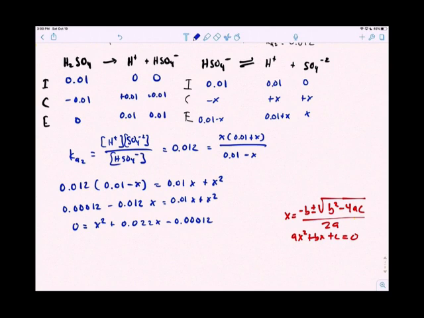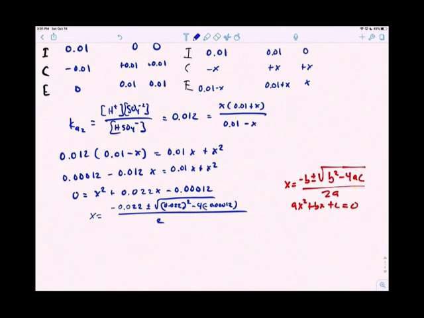And now you have to take this and put this into the quadratic equation, right? So you have ax squared plus bx plus c equals 0. So that means that our x is negative b, 0.022, plus or minus the square root of b squared, 0.022 squared, minus 4 times a, which is 1, times c, minus 0.00012, all over 2a, which is 1.